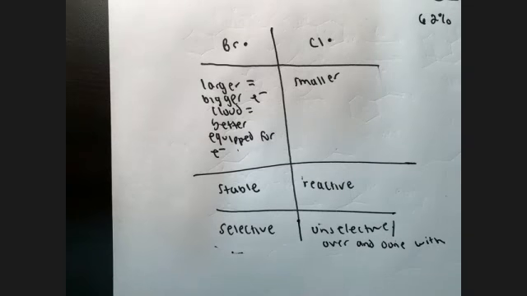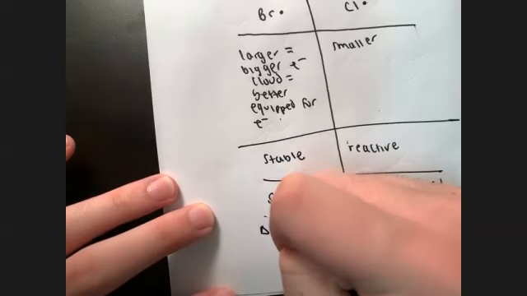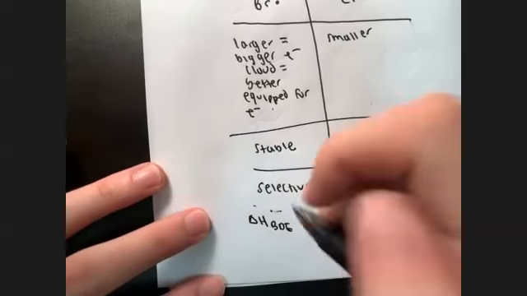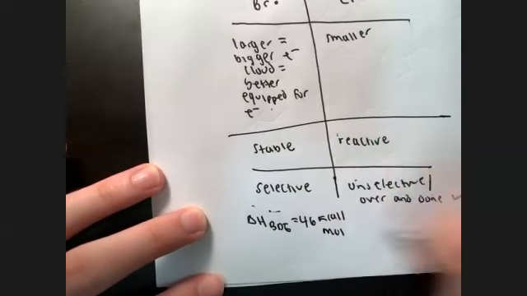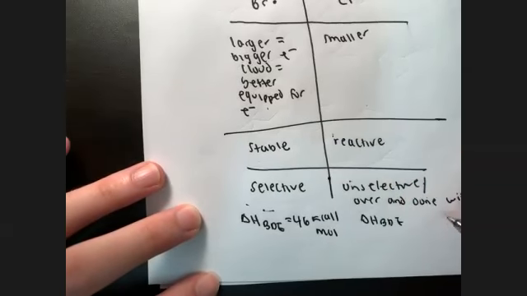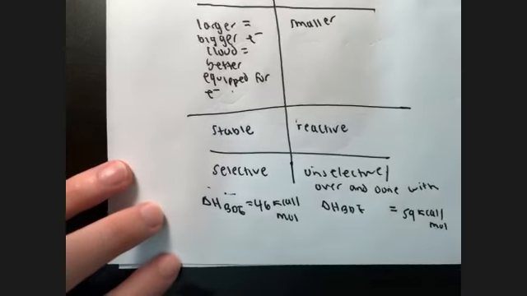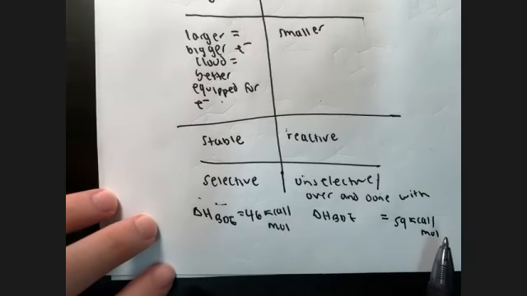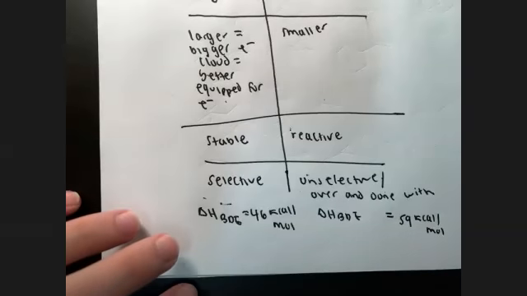Great. Okay, so essentially, if I now told you that the delta H BDE of the bromine radical is 46 kilocalories per mole, and the delta H BDE for the chlorine conditions is 59 kilocalories per mole, if I remember correctly, you can see that the bond dissociation enthalpy for the chlorine-chlorine bond is higher, which means it takes more energy.